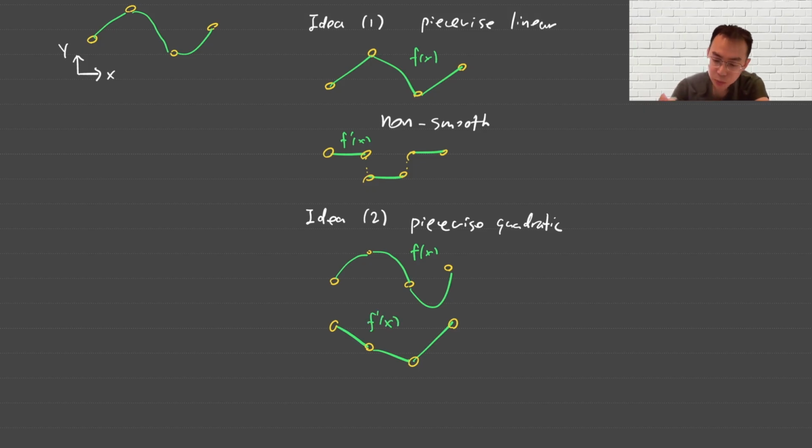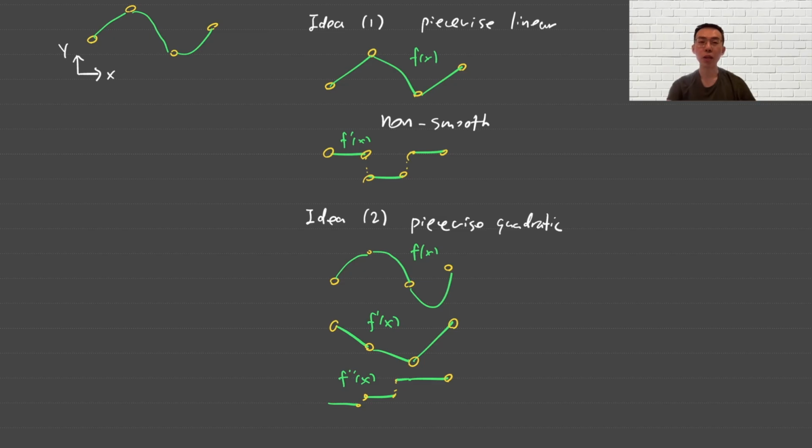But the problem is that if we look at the second derivative, that's going to be a piecewise constant function. It's not going to be continuous once again. You have something like this, right? This is going to be f double prime of x. That is not continuous. So this is a limitation of the piecewise quadratic.